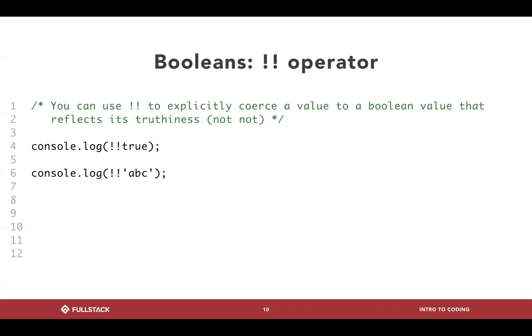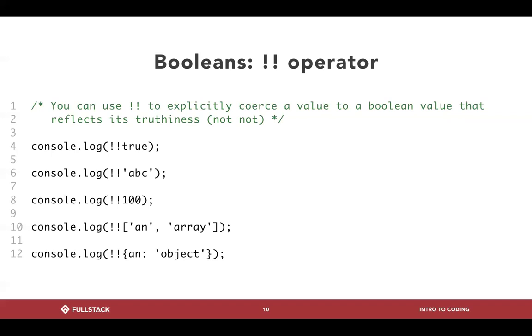Not not ABC will coerce it to false and then true. Not not 100. 100 is a truthy value, and so this will change it to true. Not not array will change it to true. Not not object will change it to true.